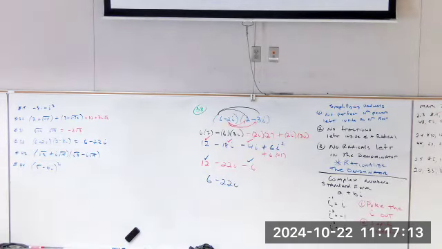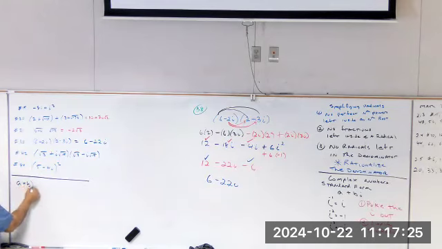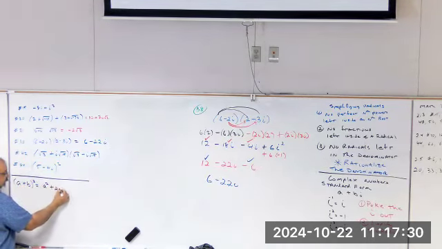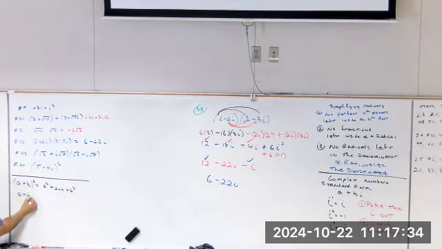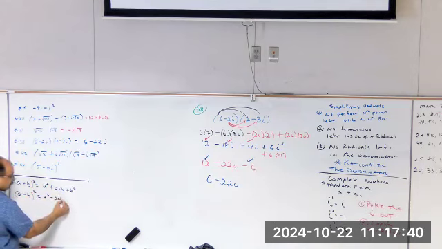Now, 42 and 44, if you know your special products, you might be able to do these pretty quick. If you know that a plus b squared is a squared plus 2ab plus b squared, if you remember that a minus b squared is a squared minus 2ab plus b squared.